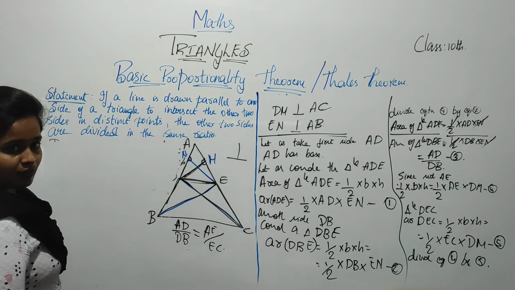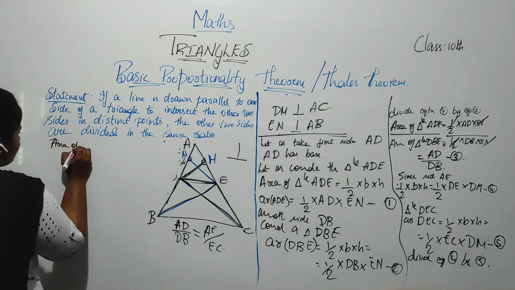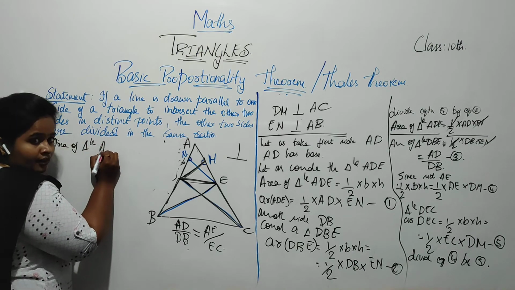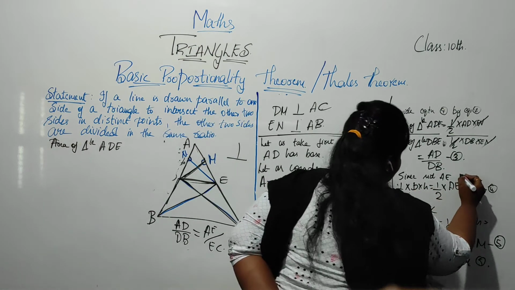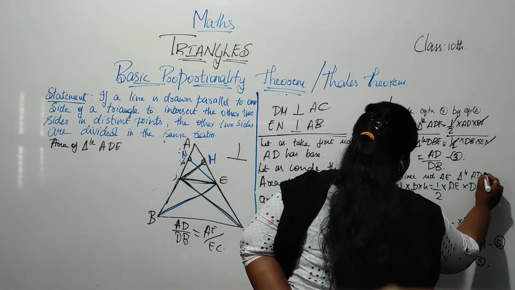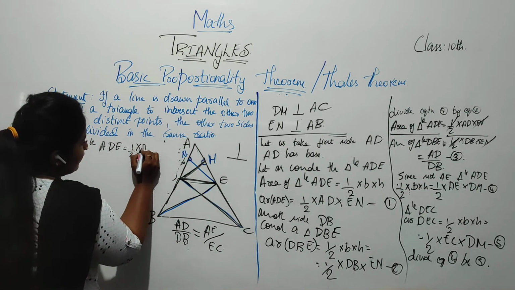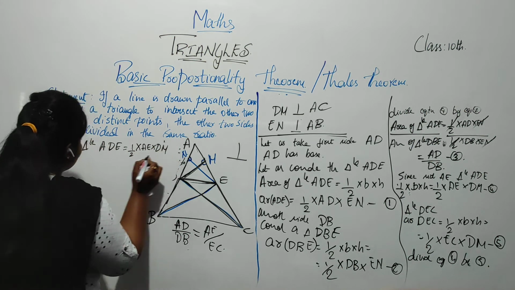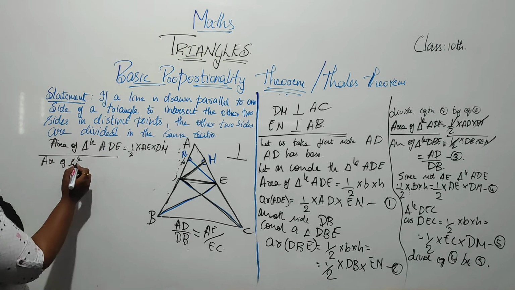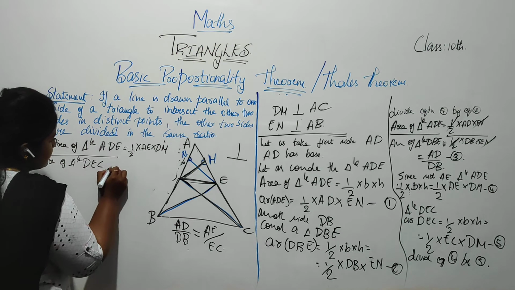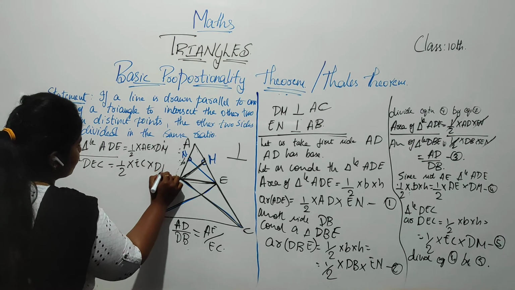Equation 4 is the area of triangle ADE, which is equal to half into AE into DM, divided by the area of triangle DEC, which equals half into EC into DM.